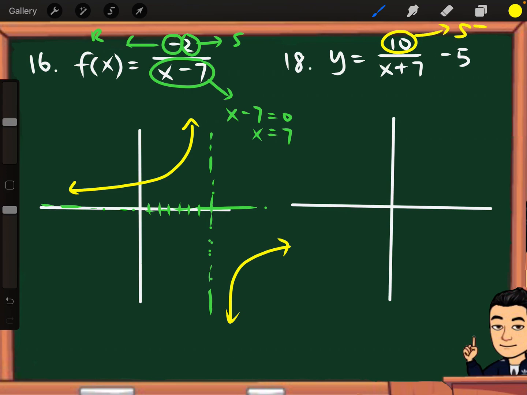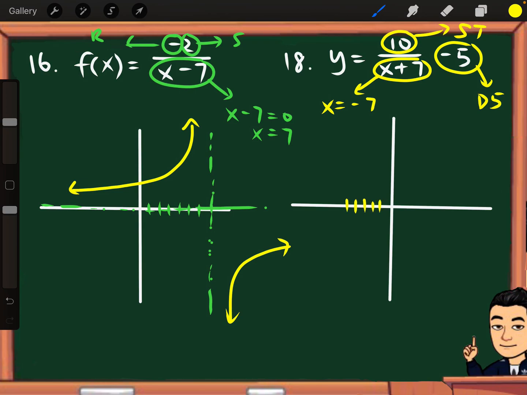Okay, let's check out the last one. So we got steeper, and we got moving towards the left because x equals -7. We got a -5, so it's going to go down 5. Okay, so there's no reflection going on, but it's going to be steeper.